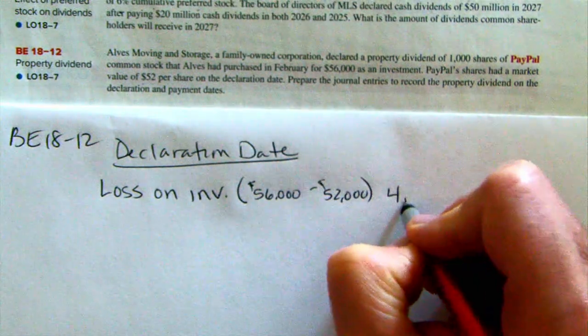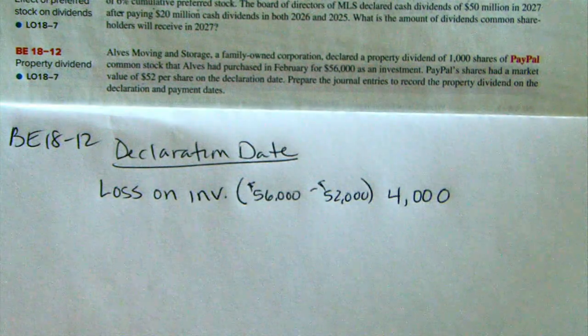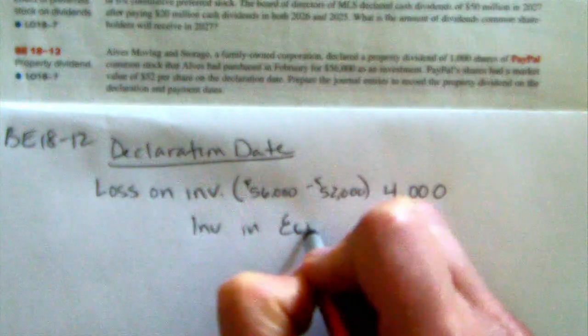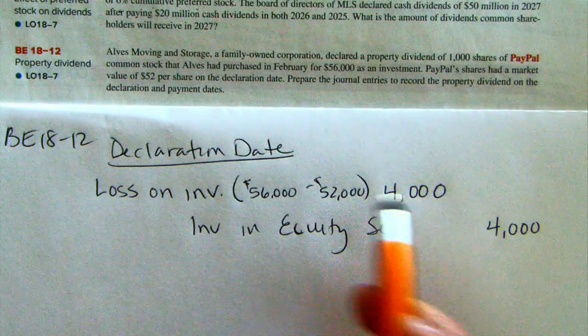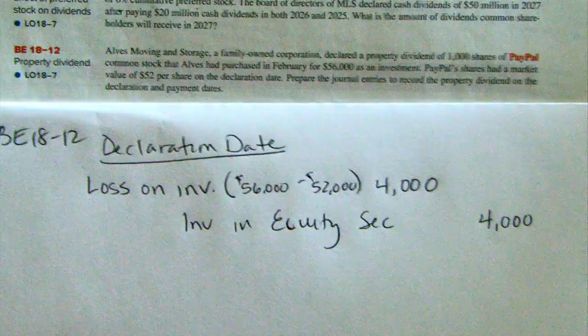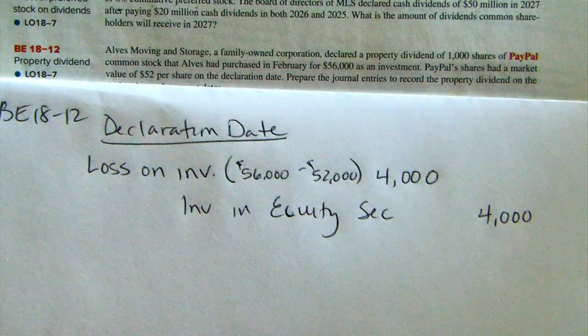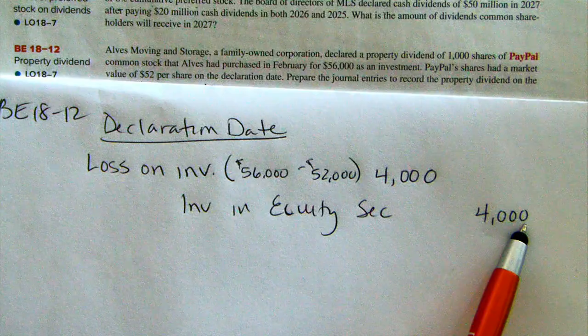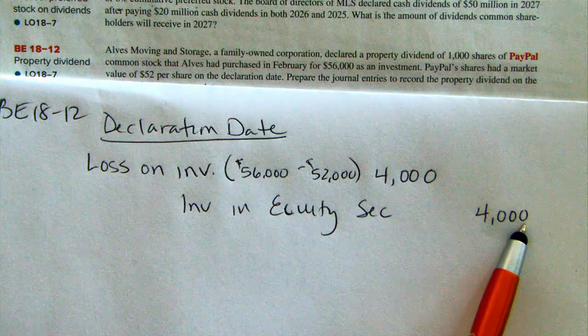So we want to decrease the account investment in equity securities, which we didn't really cover a lot, or at all even, but this is very similar to the way we approach the other investments, so it's all good. Now we've reduced that to its fair market value.